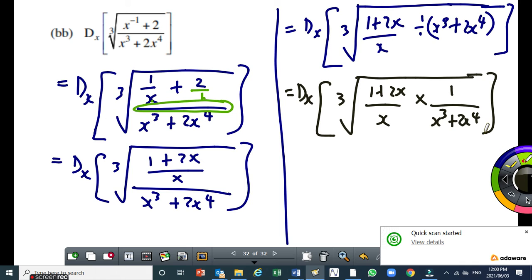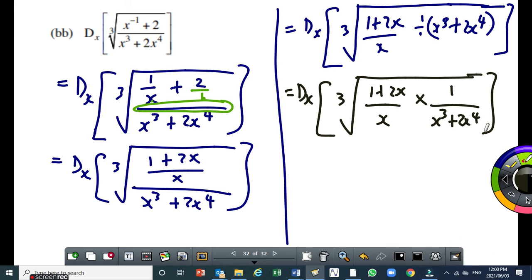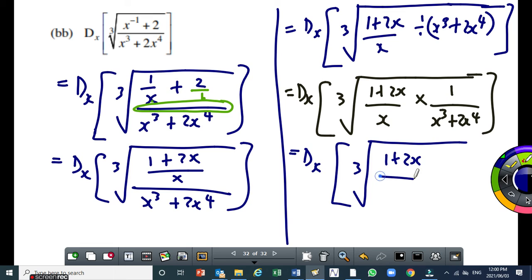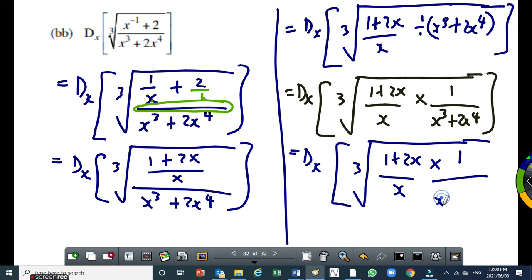Now check this. We can factorize that x cubed plus 2x to the power of 4. So if we factorize it, we will get d of x of the cube root of 1 plus 2x over x times 1 over x cubed times 1 plus 2x.